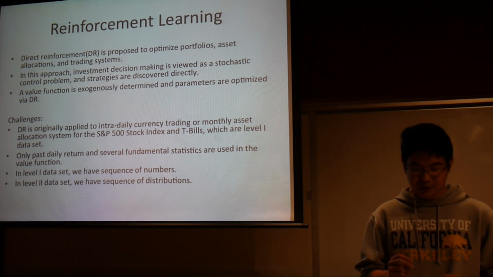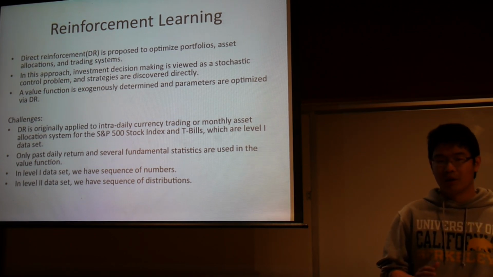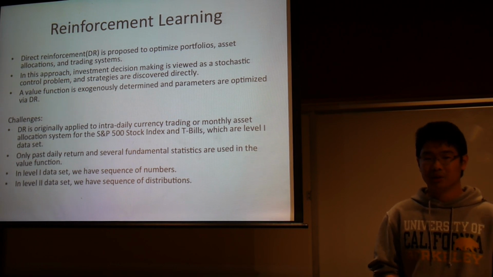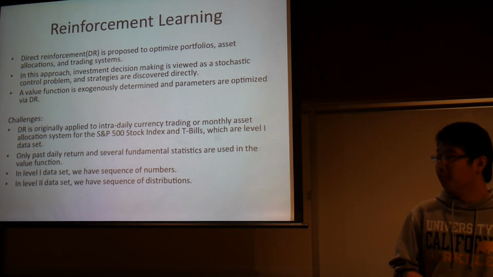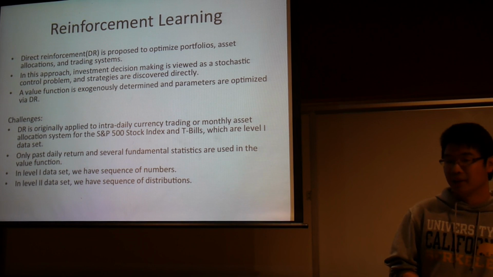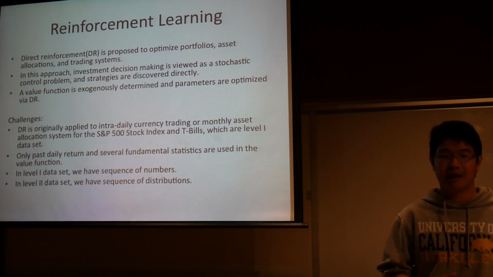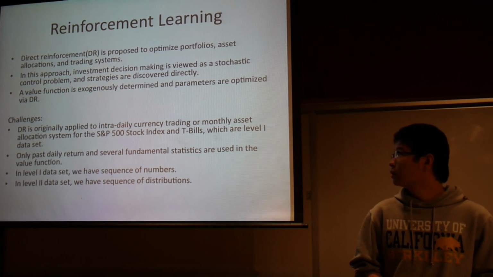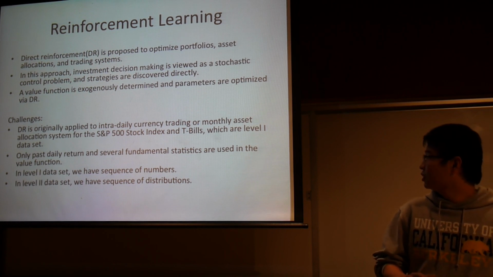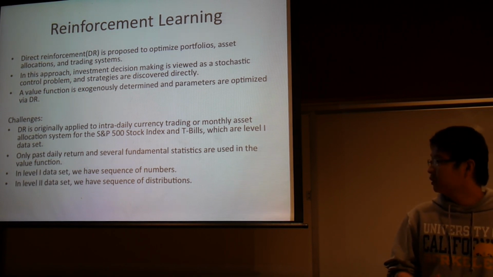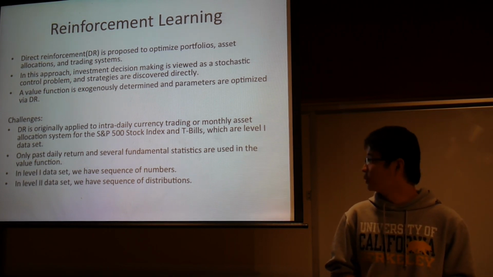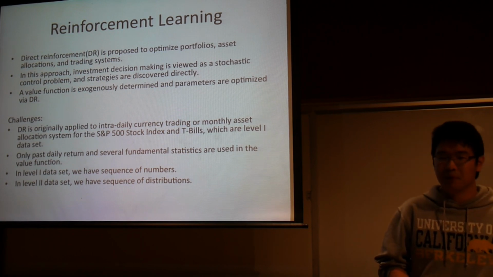In one of the literature we refer to, they applied direct reinforcement learning to level 1 market data, which is generally currency trading data, the S&P 500 stock index, and T-bills.